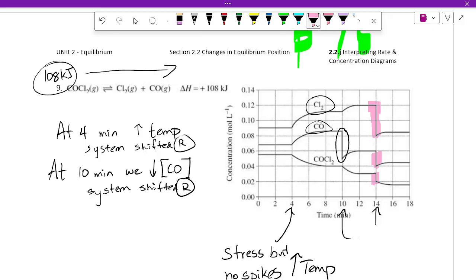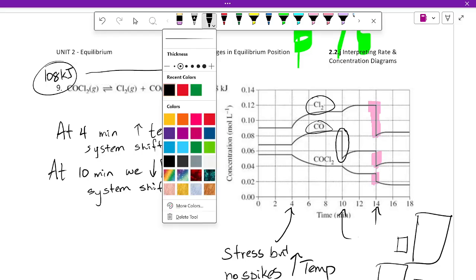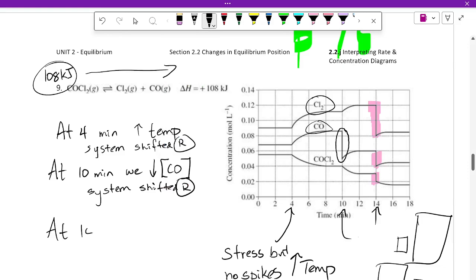If concentration goes down, did we make our space bigger or did we make our space smaller? We made the space bigger, so all the concentrations went down. So at 14 minutes, we increased the volume, decreased pressure.